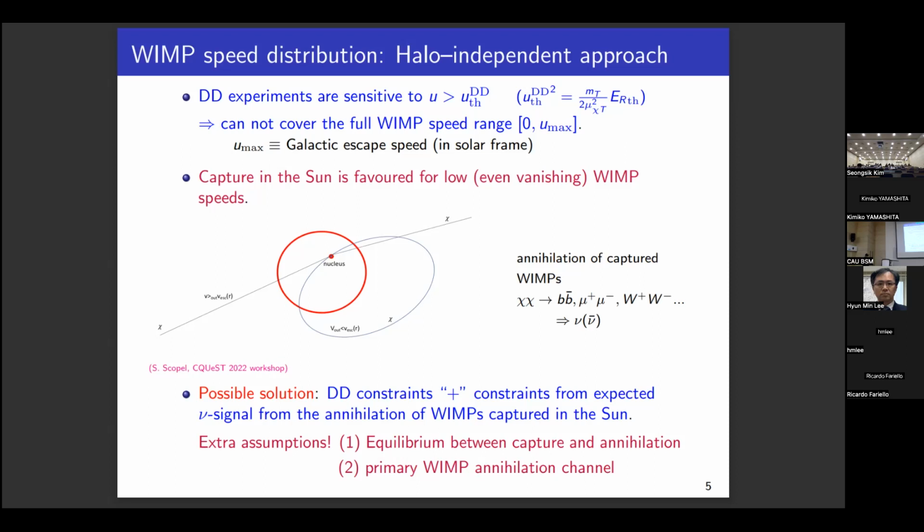Now, since direct detection experiments are more favored for high WIMP speeds and limits from capture or neutrino telescopes are more favored for low WIMP speeds, one possible solution to the halo-independent approach is to combine these two. However, inclusion of capture brings two additional assumptions. One is the assumption on equilibrium between capture and annihilation in the Sun, and another one is the assumption on the WIMP annihilation channel.